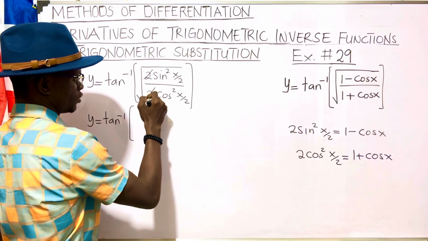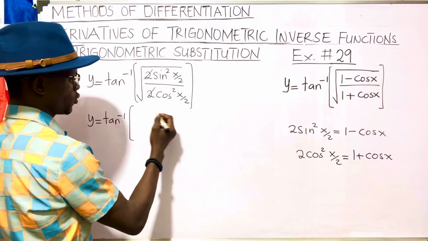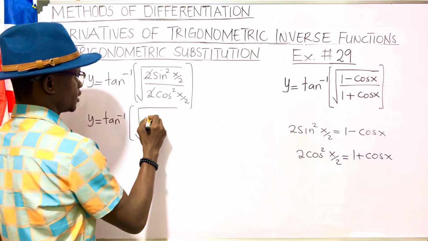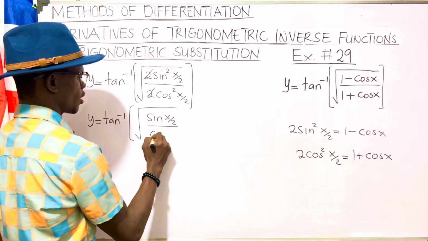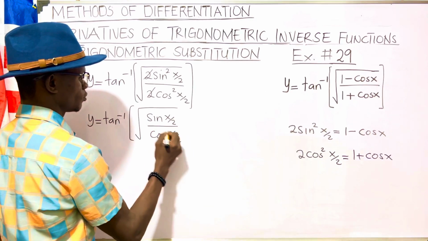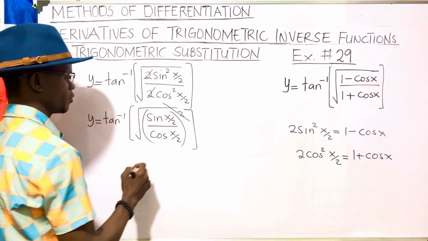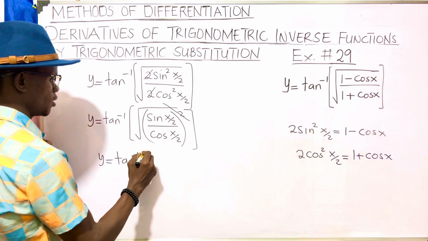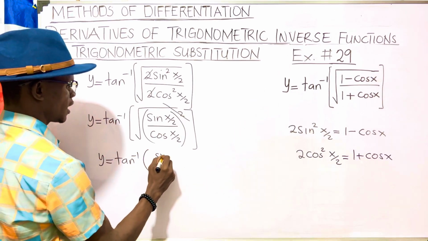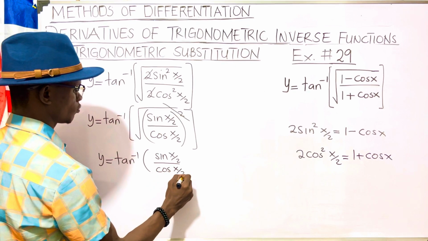This 2 can cancel this 2. Sine and cosine, they both are squared, so we can say sine of x over 2 over cos of x over 2, raised to the power 2. So this will cancel the square root. So y equals tangent inverse of sine of x over 2 over cos of x over 2.